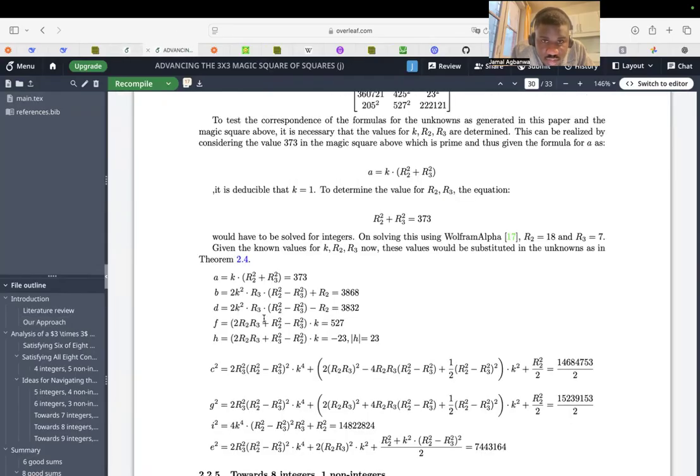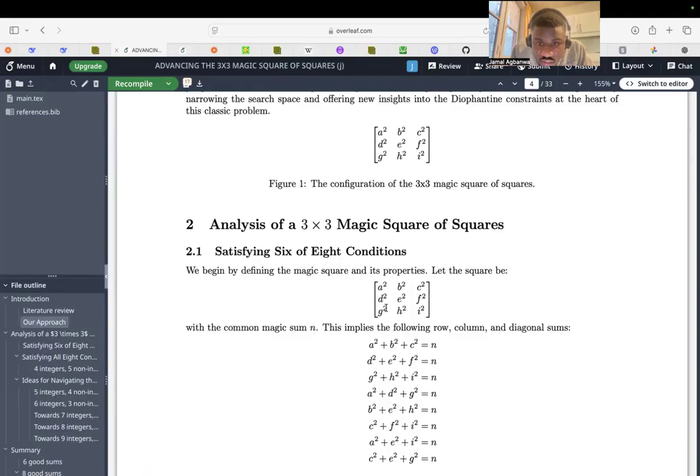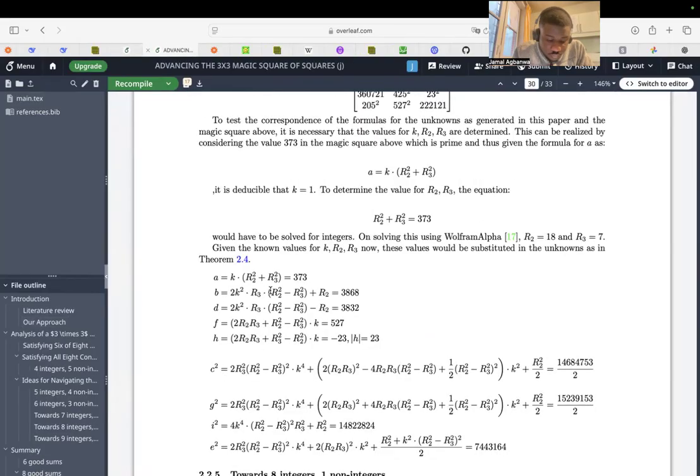So now we are going to test G, test this and C. 1, 822, 824.